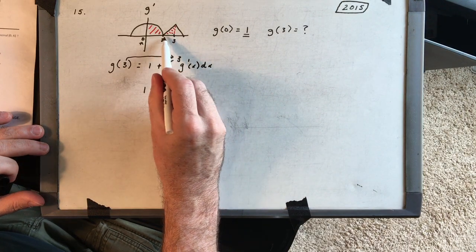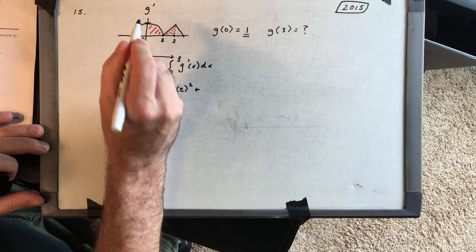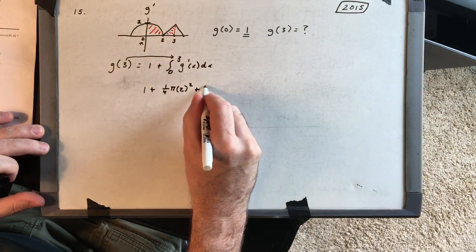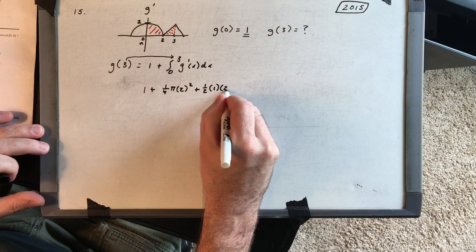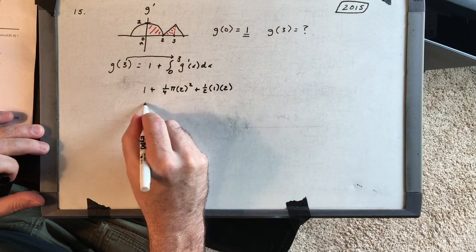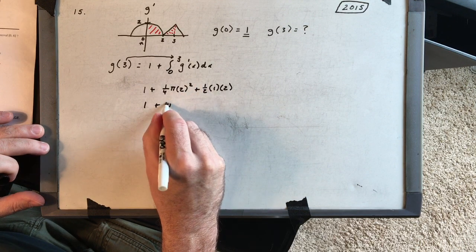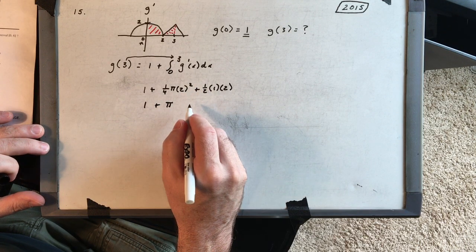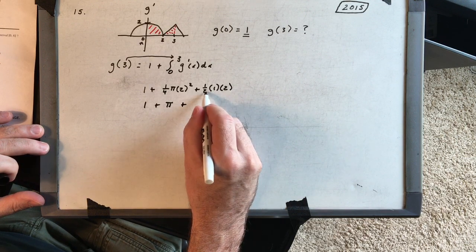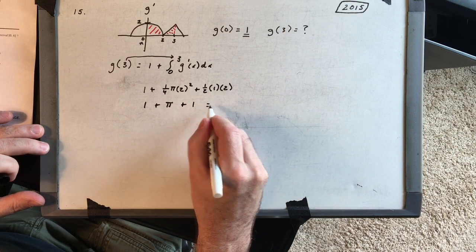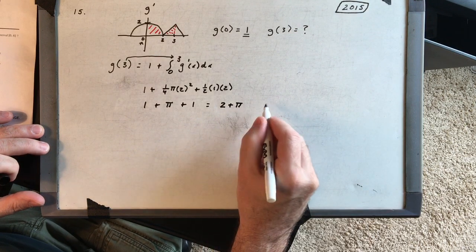Plus the area of that triangle: the base is 1, the height is 2, so 1/2 times 1 times 2. So that's 1 plus 1/4 times 4, which cancels out, 1 plus pi, plus the triangle, 2 times 1/2 is 1, times 1 is 1. So that's 2 plus pi, which is answer B.